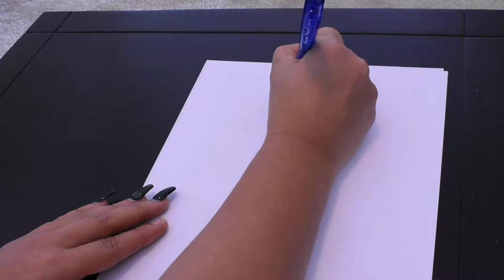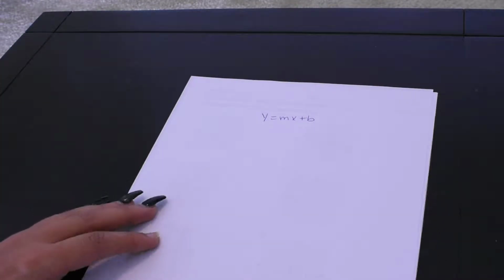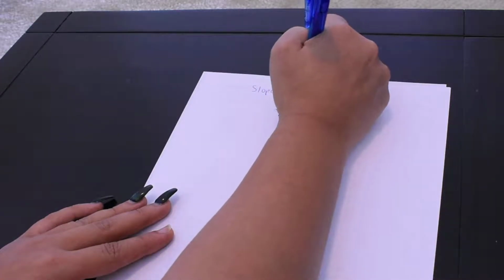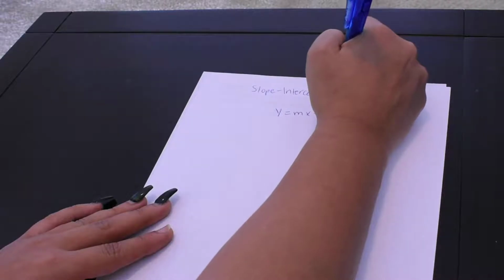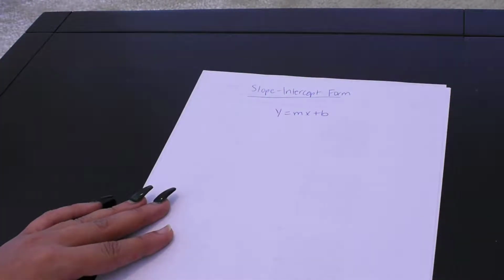All right, so before we begin, you have this sheet in front of the actual sheet, and we're going to take some notes there. And the notes we're going to write are notes we have written before. So we know that the equation of a line is written in the format y equals mx plus b. All right, and we're going to call this up top slope intercept form. And why is it called slope intercept form?